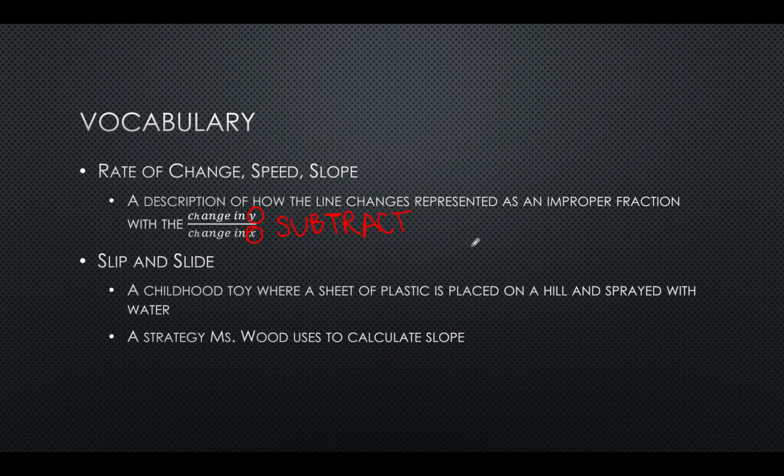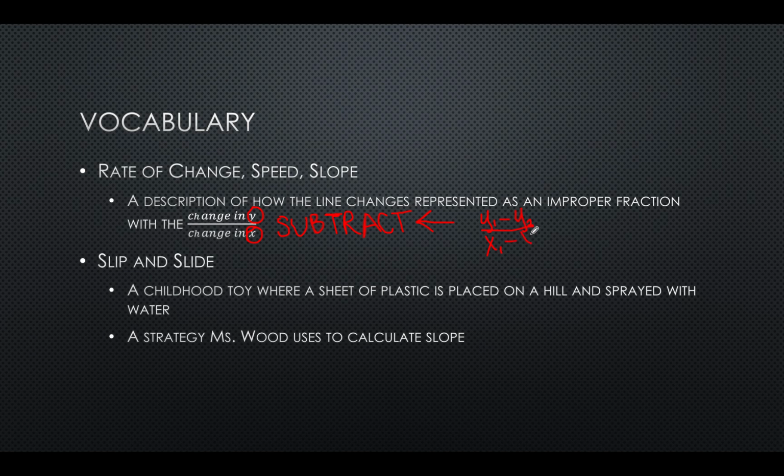But it is super, super important. Now, some of the other teachers are going to teach this as y1 minus y2 over x1 minus x2. And here's what I found. I found students would lose their numbers.